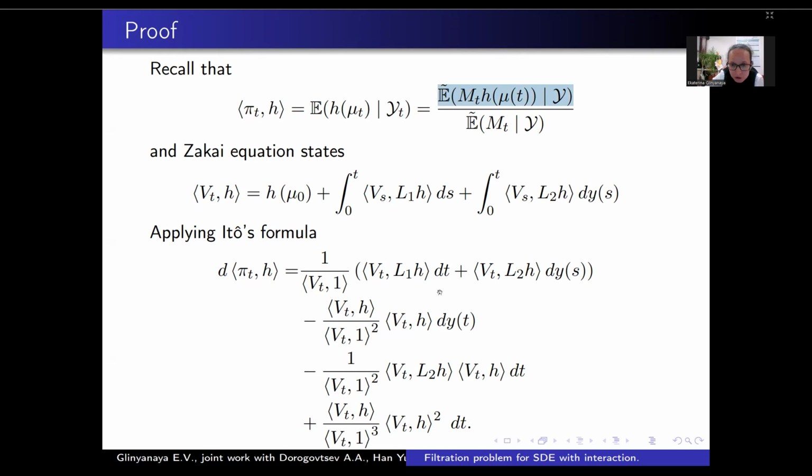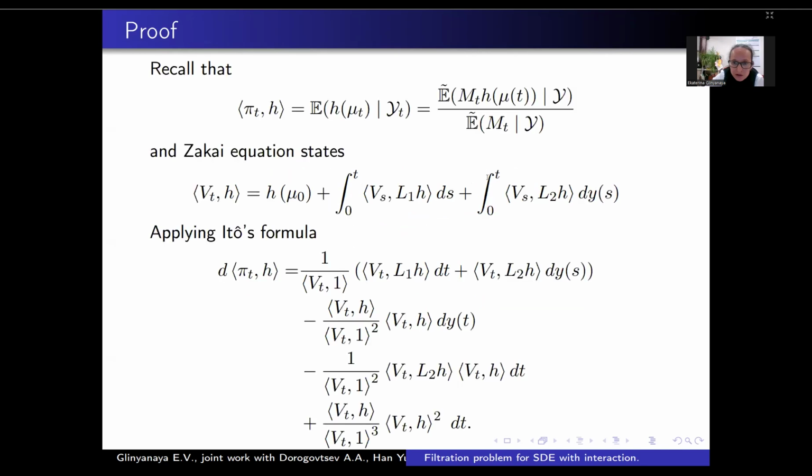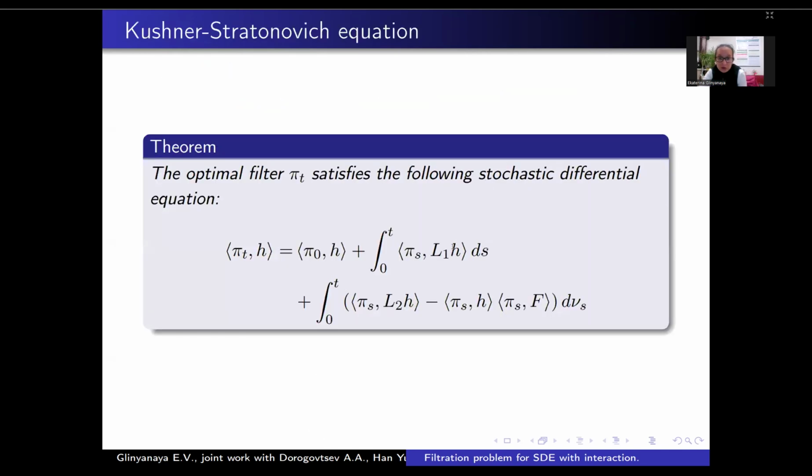What we need to do is collect together the part with dY, and after this replace the process Y by the innovation process. We know that the innovation process is equal to Y minus this integral. After this, a lot of dt terms disappear, and one gets this equation.